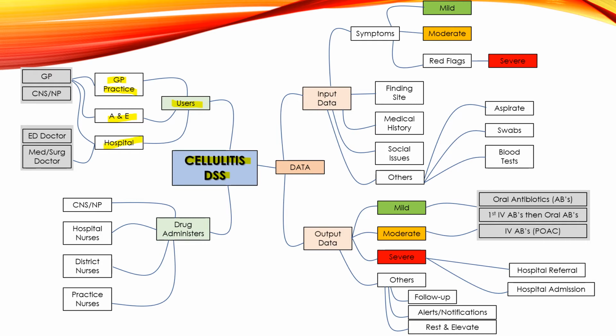And which personnel can access this? In both these clinical settings, the GP and the CNS or the nurse practitioner can have access to this, because they're the ones who can diagnose and prescribe treatment for patients with cellulitis. And in the hospital, you can also put in the ED doctors and the medical and surgical doctors.